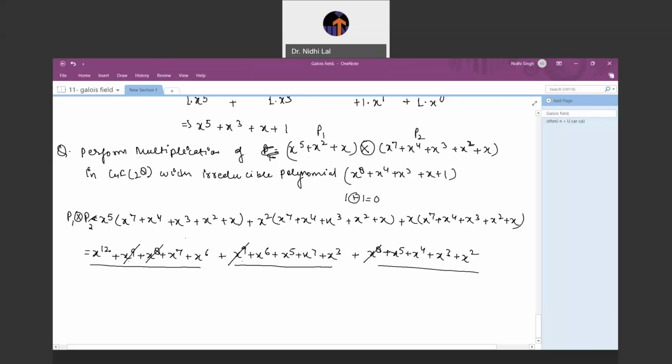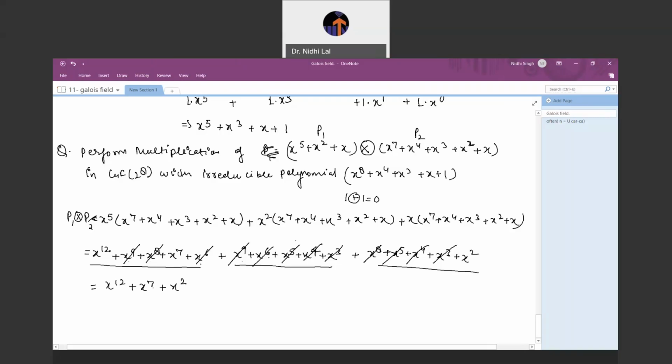What about x7? x7 is not repeated. What about x6? x6 is cancelled. x5 is present, x4 is also present. So the remaining terms are x to the power 12, x to the power 7, and yes, x3 is also present, so x3 will be cancelled, and x square.